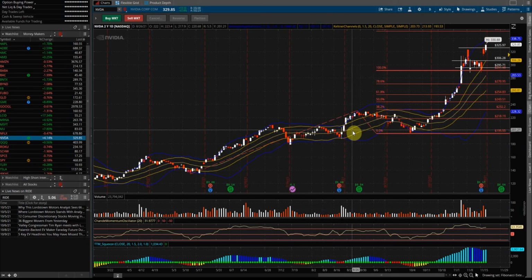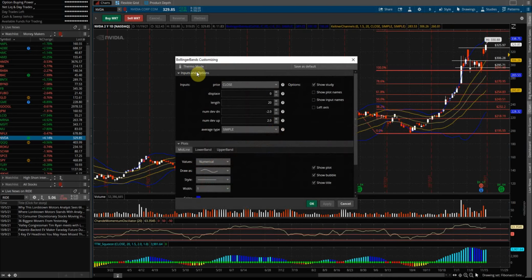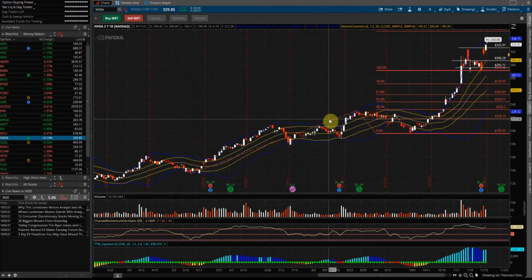And this setup is just Keltner channel, which I believe is based on the average true range, like the average price increase, and then you have the Bollinger Bands in blue. So basically the John Carter setup is when the Bollinger Bands go inside the Keltner channels. It's when volatility is constricting, and it's a time that you can take a position.